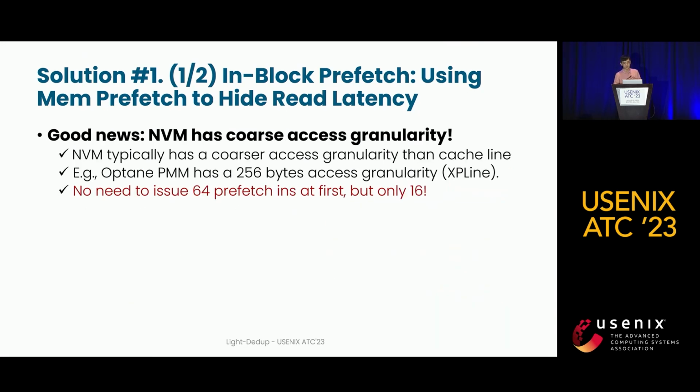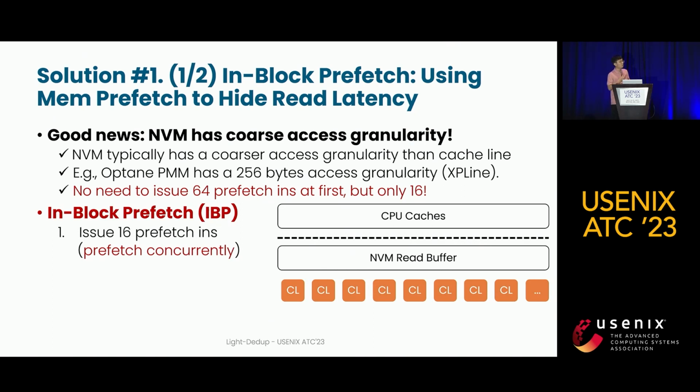The good news is that NVM has coarse access granularity. For example, Optane DCPMM has a 256 byte access granularity. Thus, there is no need to issue 64 prefetch instructions at first, but only 16. Thus, we propose in-block prefetch, IBP, which first issues 16 prefetches with a 256 byte stride.